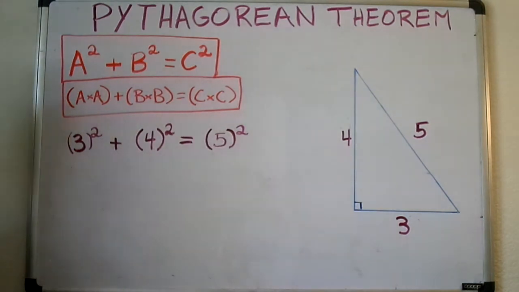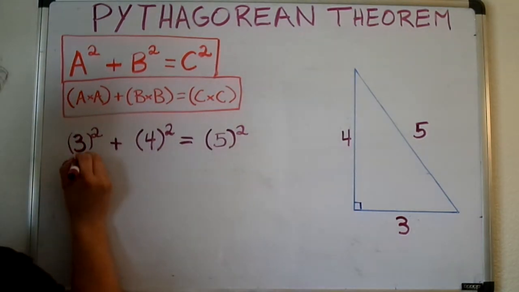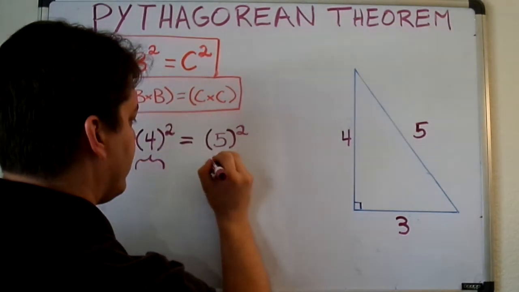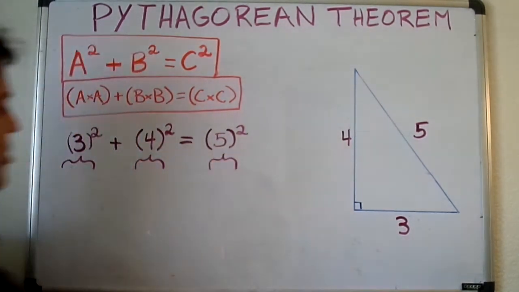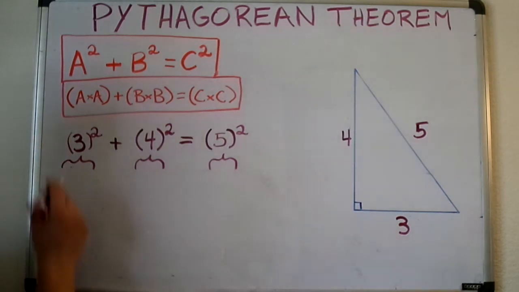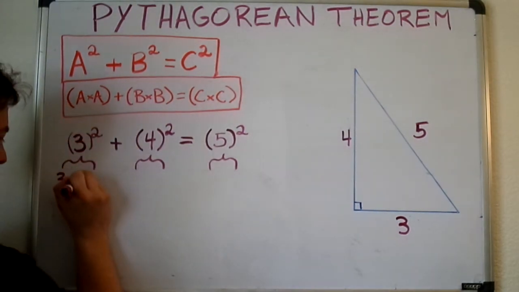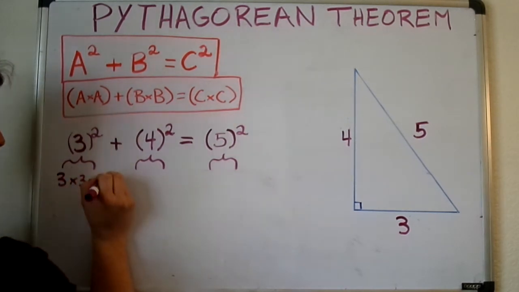Okay, so remember, a number squared is you just take that number and multiply it by itself. So 3 squared is the same thing as saying 3 times 3, that equals, that's right, 9.